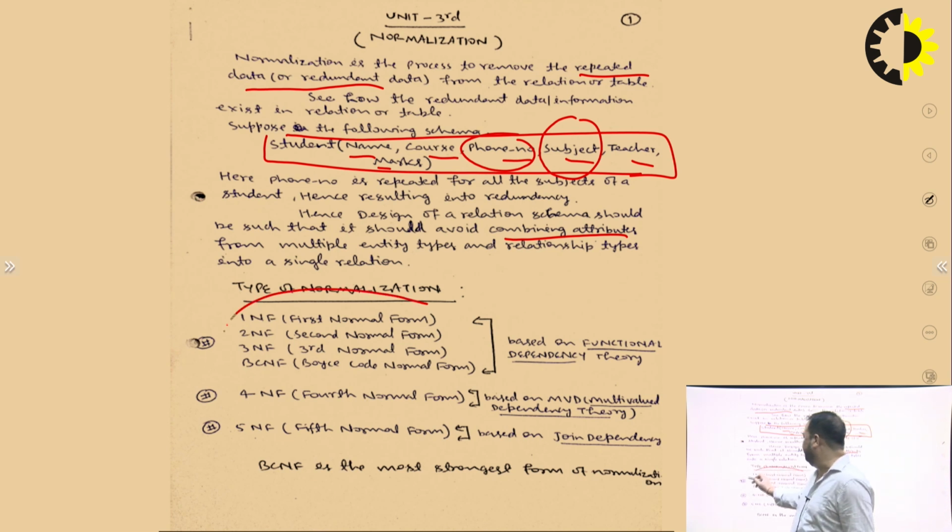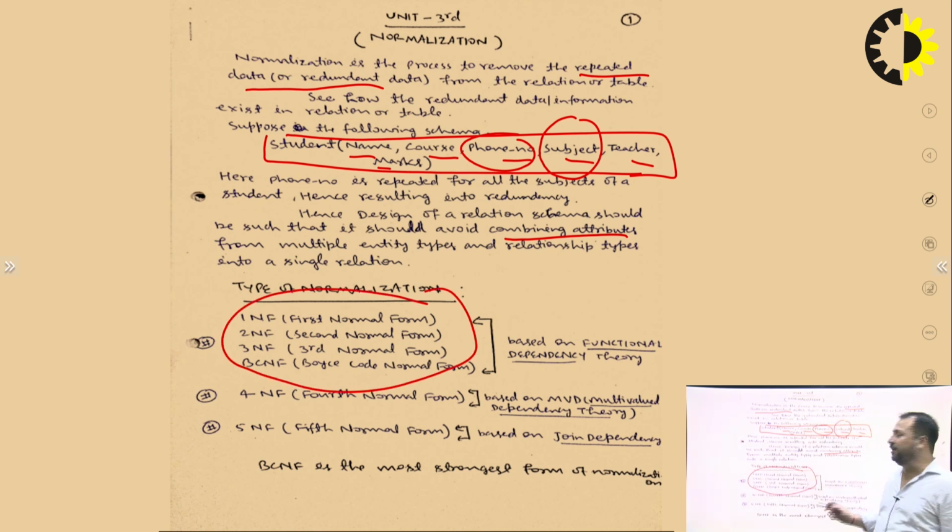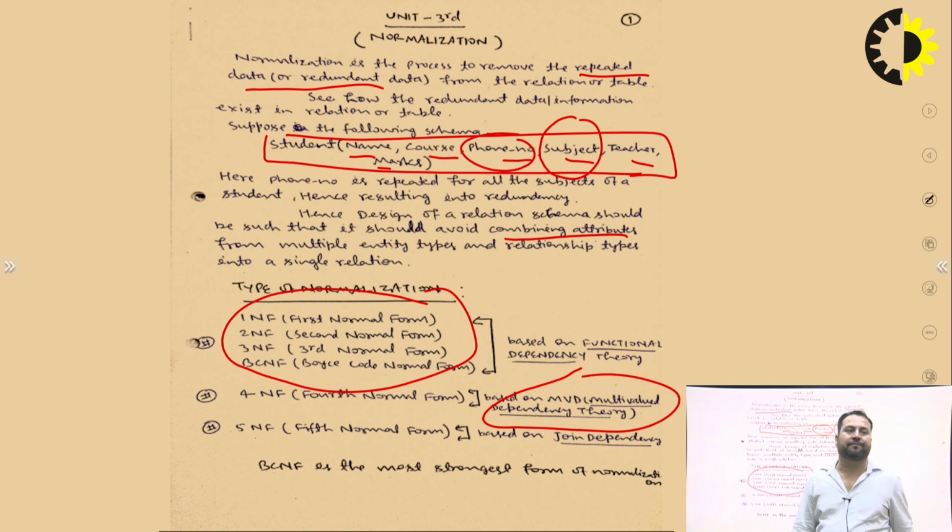From BCNF to 1NF, they are based on the theory of functional dependency. Fourth normal form is based on multi-valued dependency, and fifth normal form is based on join dependency. How we could reduce the redundant data can be achieved by knowing all this theory.